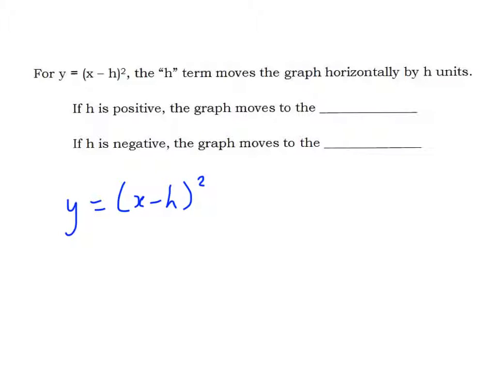And the convention is to have a minus sign in here. So one of the graphs on the previous page was this one, x minus 4 all squared. So if you compare these two equations, you can see that h is equal to 4, just by comparing this with this. H is equal to positive 4, and so the graph has moved 4 units to the right.